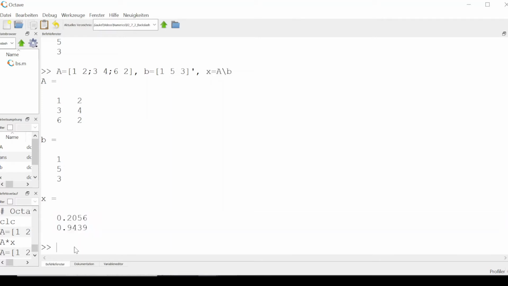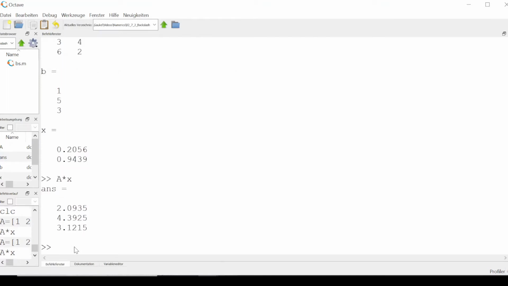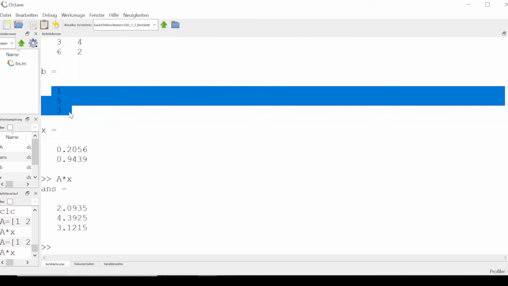But is that really a solution? We will see. Let's test A times x, and it's not 1, 5, 3, but 2.1, 4.4, and 3.1. We are somehow close.